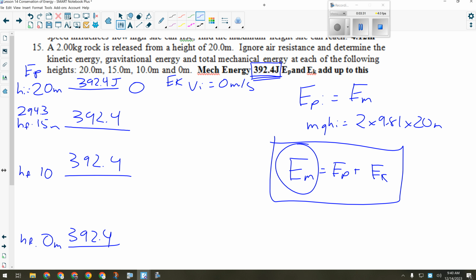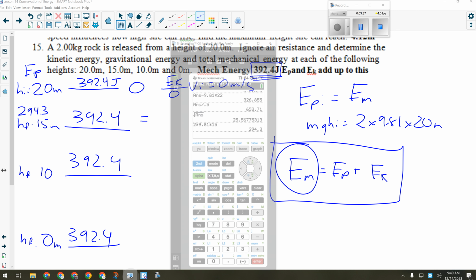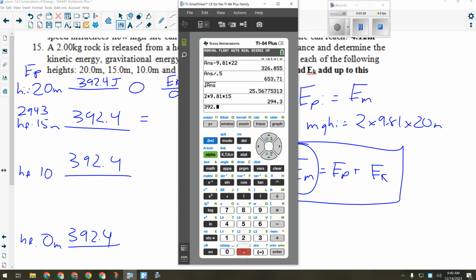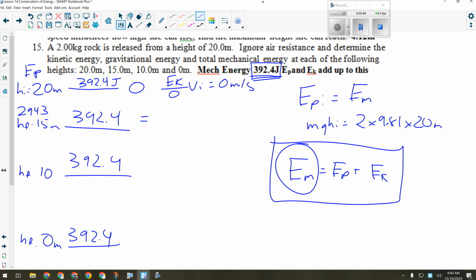At the top, my kinetic is going to be 0. At 15 meters, it's going to be 392.4 minus that number, so 98.1, not 9.81, 98.1.